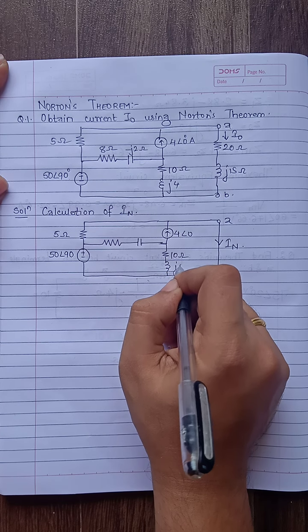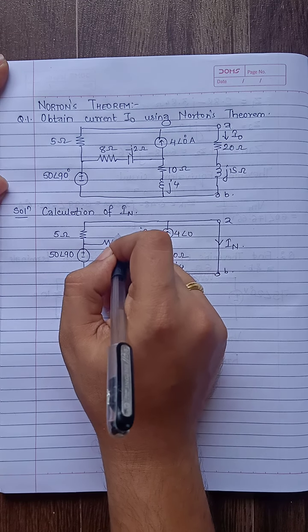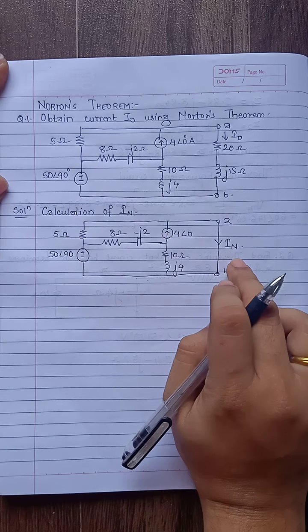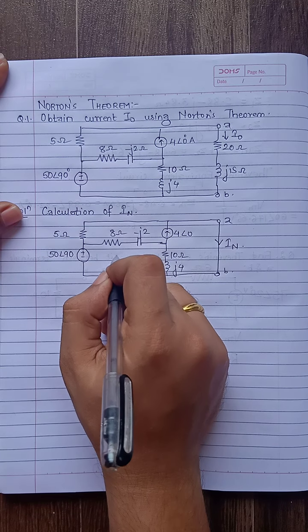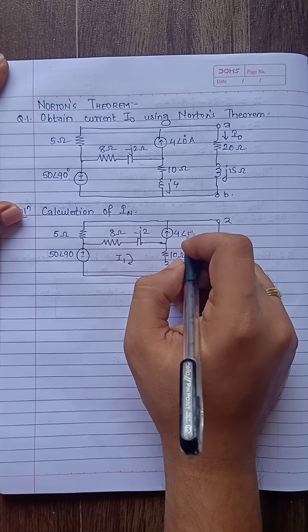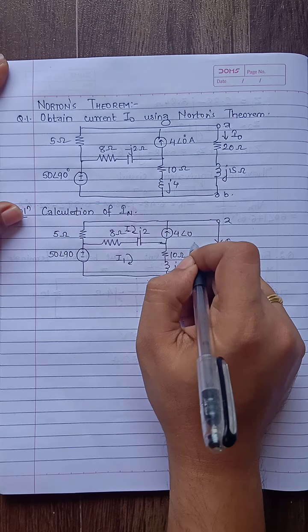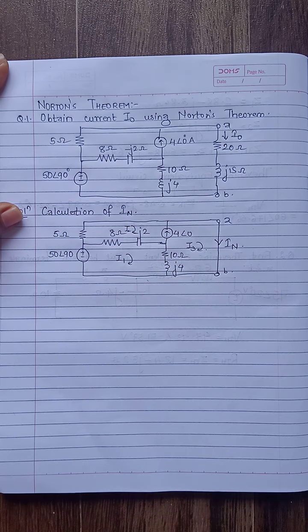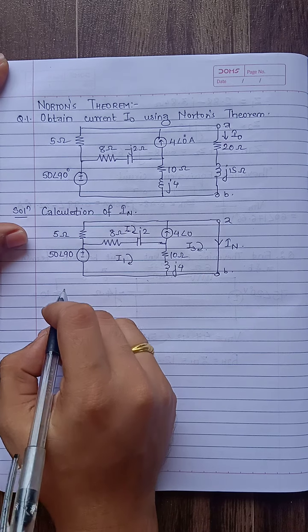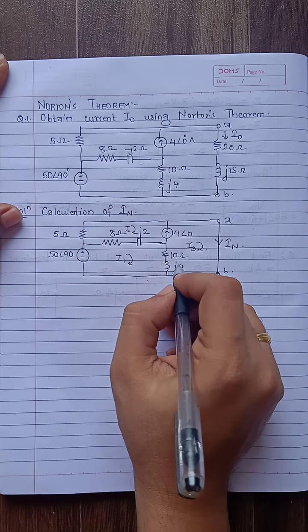10 ohms, J4, minus J2, 8 ohms. We need to find IN. For that I'll assume I1 in mesh 1, I2 in mesh 2 and I3 in mesh 3. First I'll apply KVL to the super mesh.